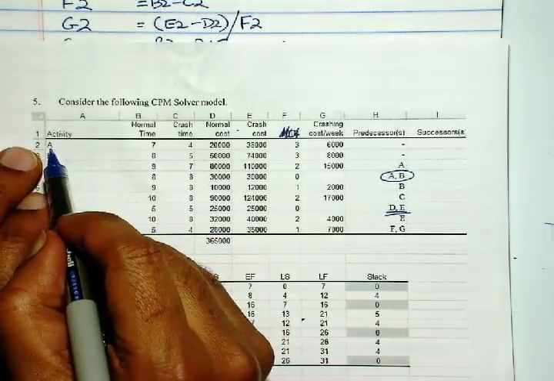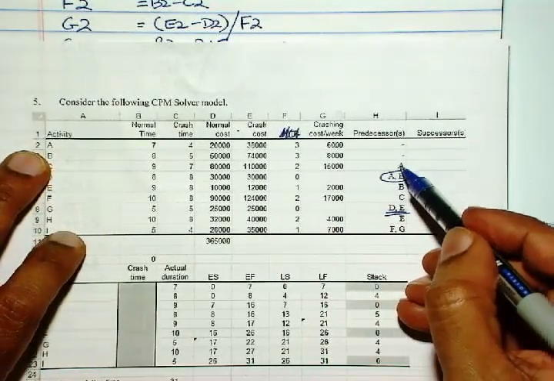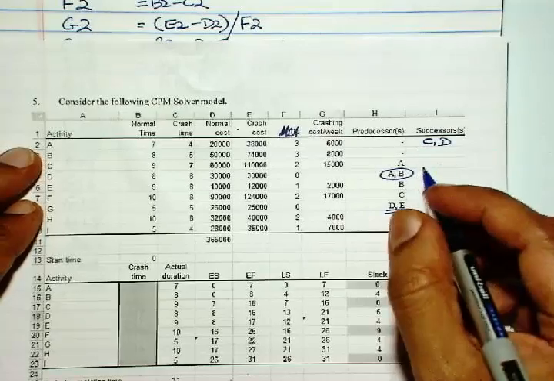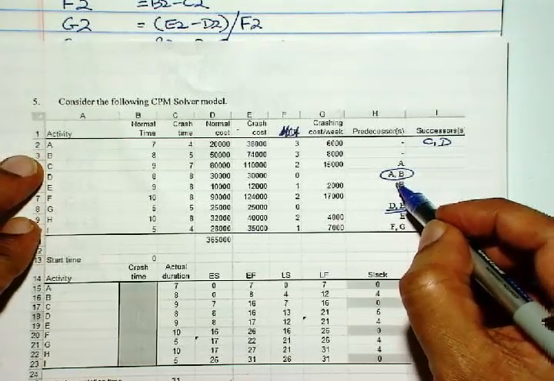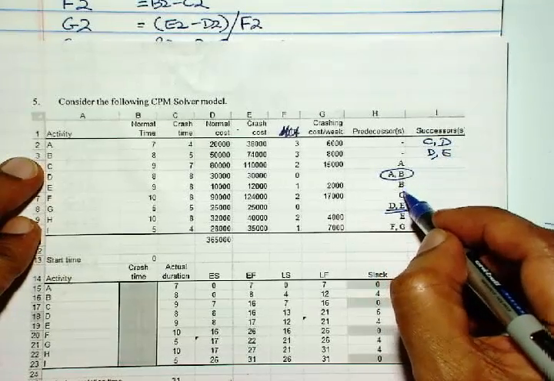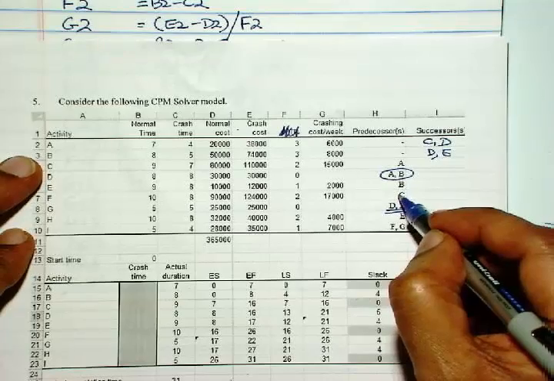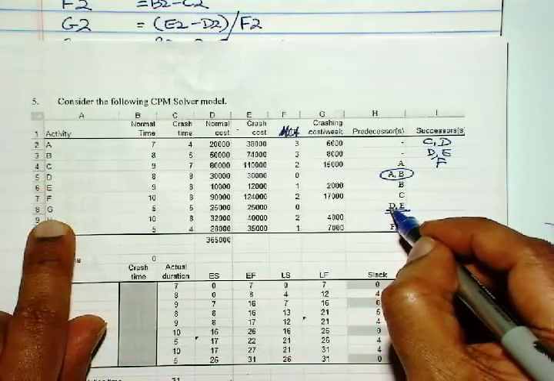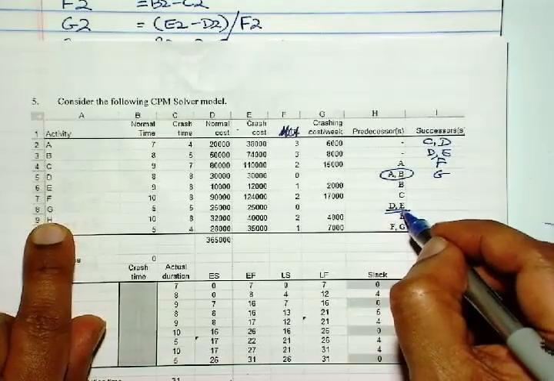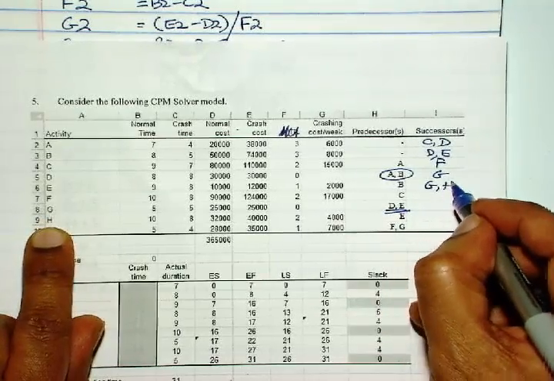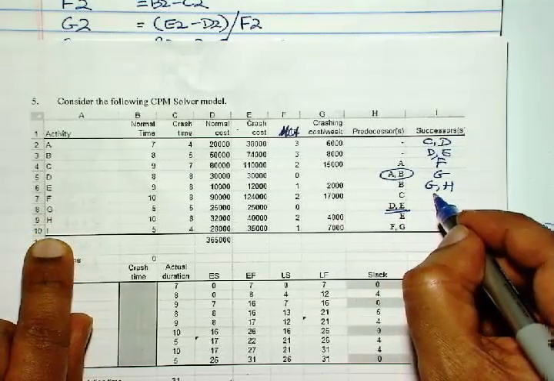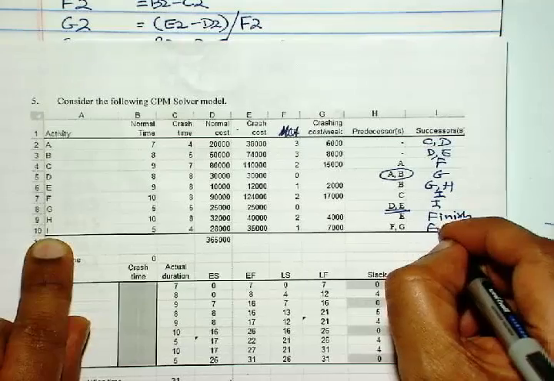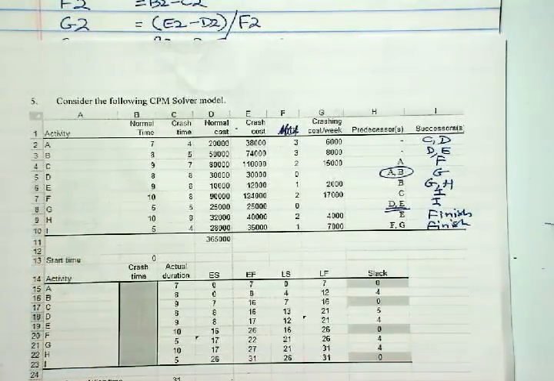Activity A, the successors are C and D. For B, it is D and E. For C, it is just F. For D, it is G. For E, it is G and H. For F, it is I. For G, again it is I. And the remaining two do not appear as predecessors, so those two are the finish.